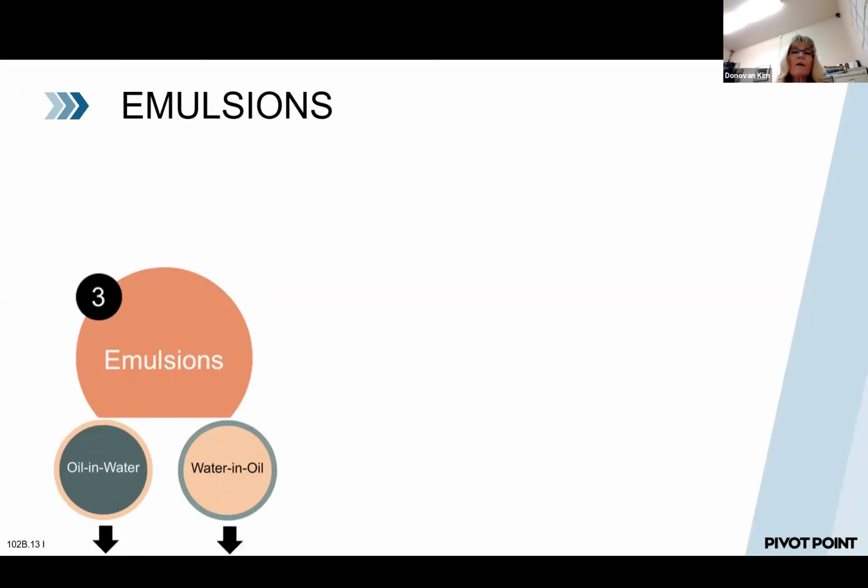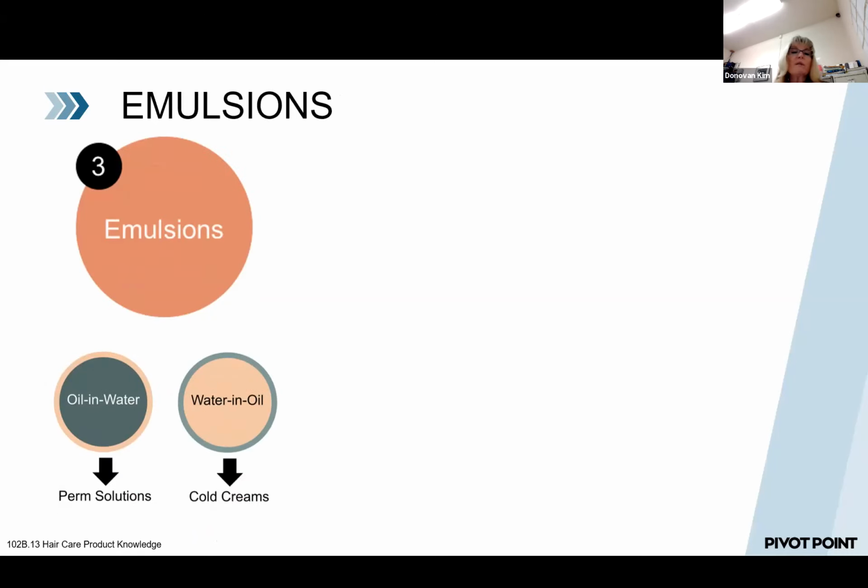Okay. So now we have an emulsion. There's two types of emulsions that we use a lot, oil and water. This is when two or more immiscible substances are held together with a binder.